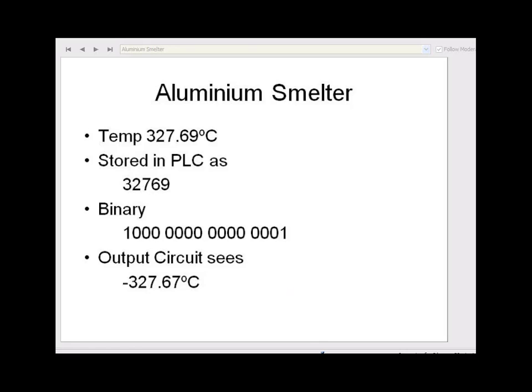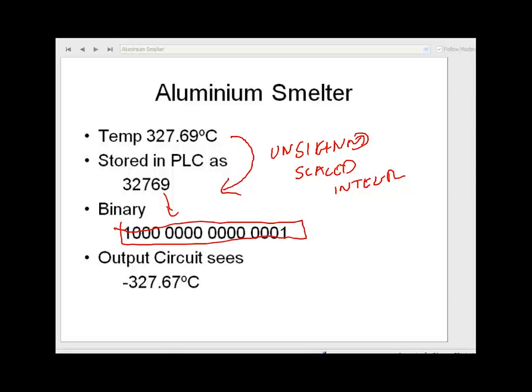Then it goes up by another 1/10 of a degree, 32769. 32769 looks like 32769 in unsigned scaled integer. Unfortunately, that gets stored as a binary number that looks like this.